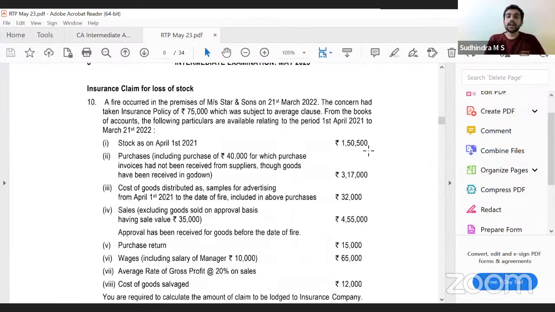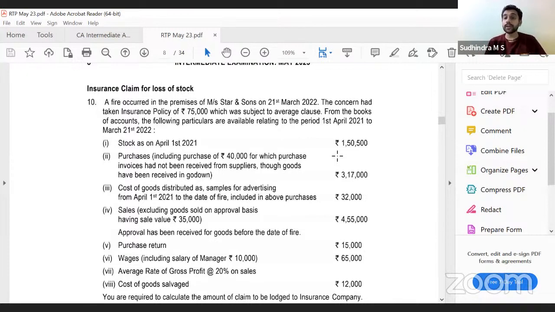A fire occurred in the premises of Messrs. Star and Sons on 21st March 2022. The concern had taken an insurance policy of rupees 75,000, which was subject to average clause. From the books of account, the following particulars are available for the period 1st April 21 to 21st March 2022. Stock as on 1st April 21. Purchases, including purchase of rupees 40,000 for which purchase invoices had not been received from suppliers, though goods have been received in the godown.